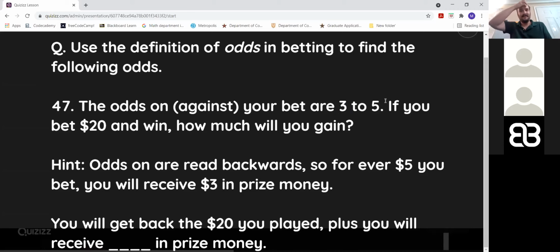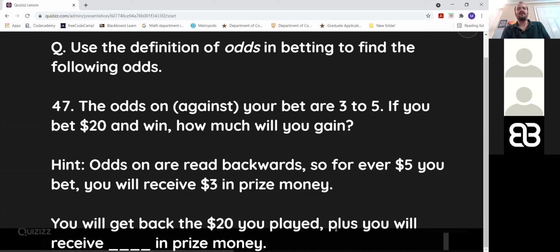So if that didn't confuse you enough, what are we saying? For every $5 I bet, I'm going to win $3. So if I bet $20, how much will I win? And so how do we go from 5 to 20, I think is what they're asking. These should be in the same sort of ratio.